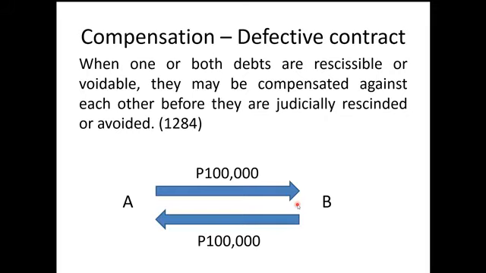Unlike pag rescissible sa voidable, meron siyang force and effect of law hanggat walang rescission or kaya walang annulment. Kaya pwedeng rescissible, perfectly valid, voidable, perfectly valid. Pero kung rescissible, unenforceable, hindi siya pwede. O kaya isang rescissible, isang void, hindi rin pwede kasi non-existing.